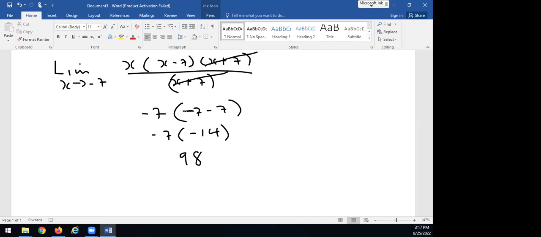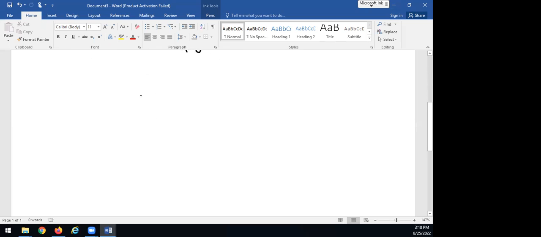All right, here's another one that I want to give you guys. All right, another example. What if we have the limit as x approaches minus 2, and then we have x plus 2 over x cubed plus 8.